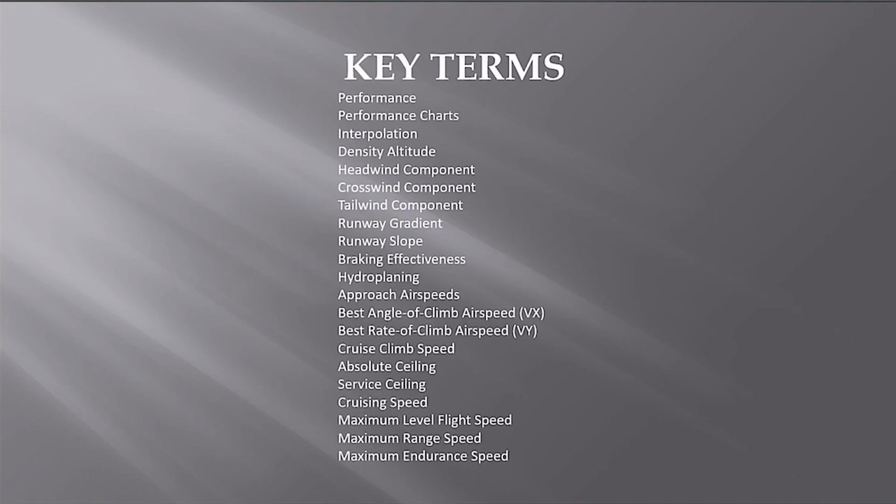Okay, predicting performance. Key terms: performance, performance charts, interpolation, density altitude, headwind component, crosswind, tailwind component, runway gradient. So sometimes you've got a slight grade up and down, a little bit of a slope. Sometimes if you're going to some mountainous terrain, you might have a really nice slope.